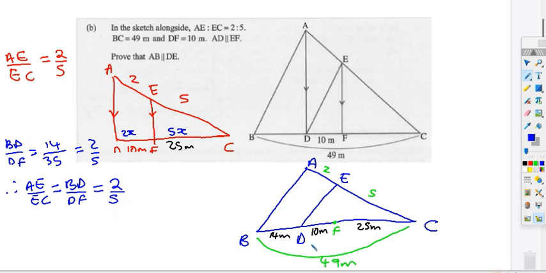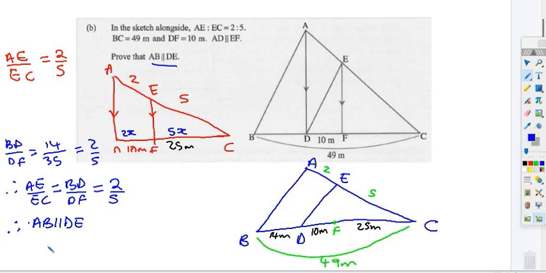The two sides are being divided in proportion by this side DE. What is the conclusion? The conclusion is that ED is parallel to AB. So we are saying, therefore, your AB is parallel to DE. That is what we were required to prove here.